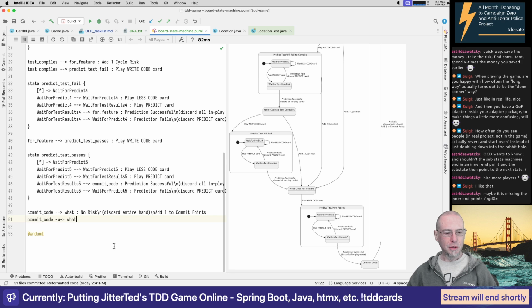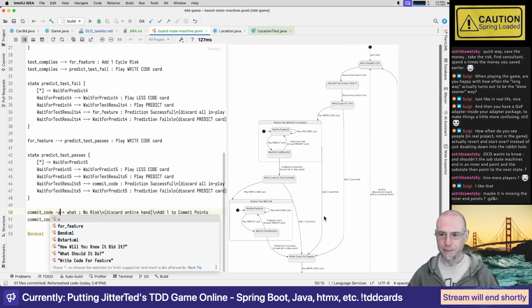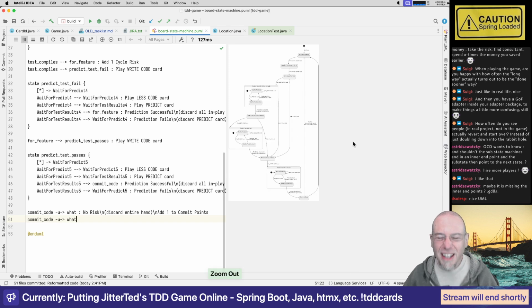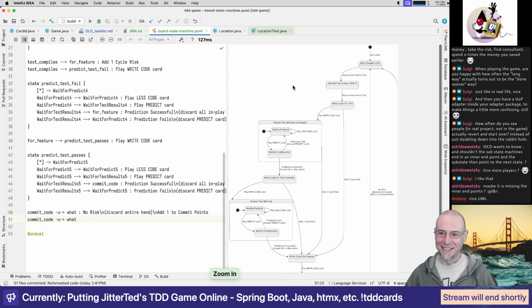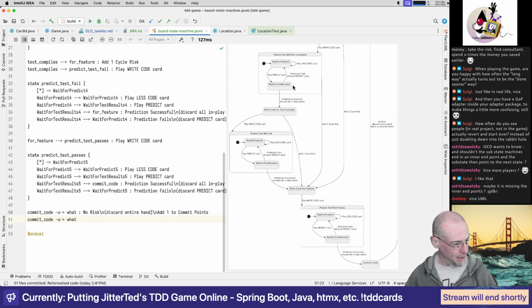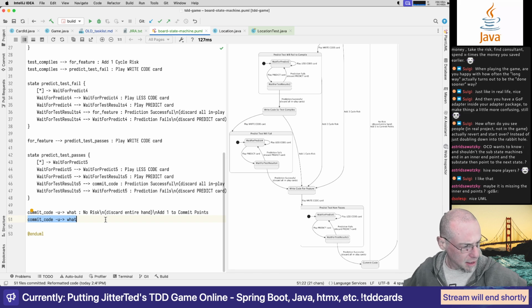Okay, that's too small. I think that's it. There's some substates around this part where if you do have risk, it's not a substate, it's just another state where you have to roll the die.